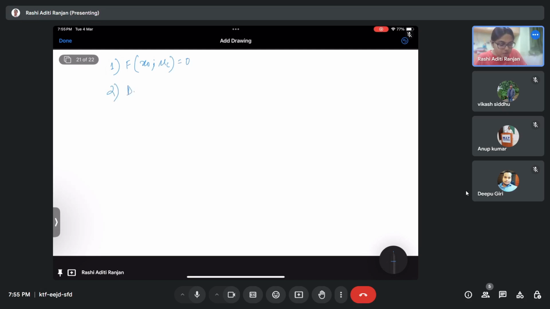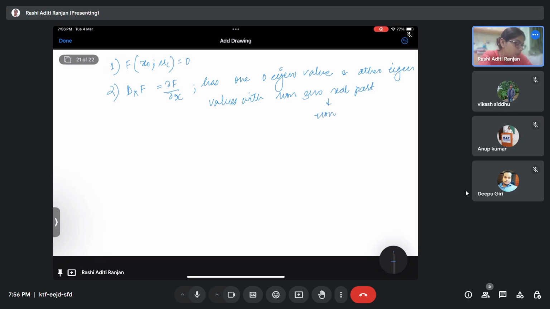And the second one was that it should have one zero eigenvalue and other eigenvalues with non-zero real part, which was a case for a non-hyperbolic fixed point.